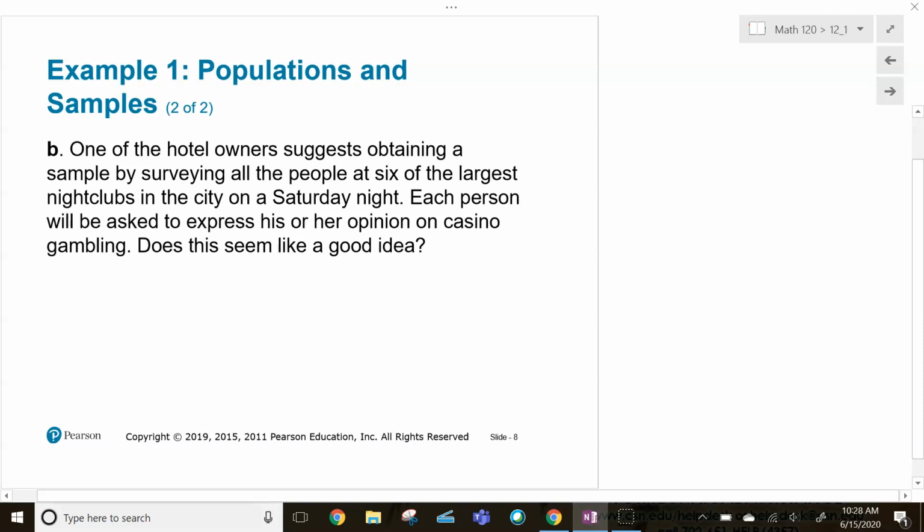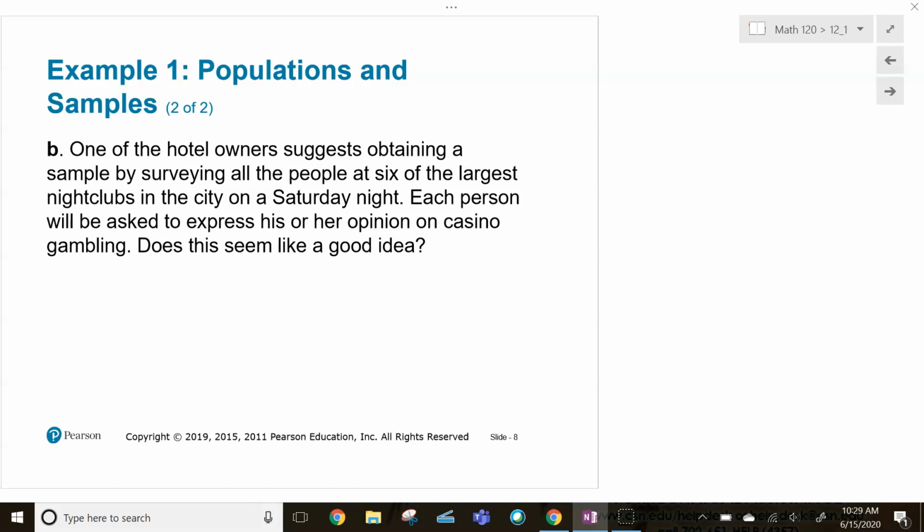One of the hotel owners suggests obtaining a sample by surveying all the people at six of the largest nightclubs in the city on a Saturday night. So instead of sampling the entire city, they think, let's just do a sample. These people would be asked to express their opinion on casino gambling.